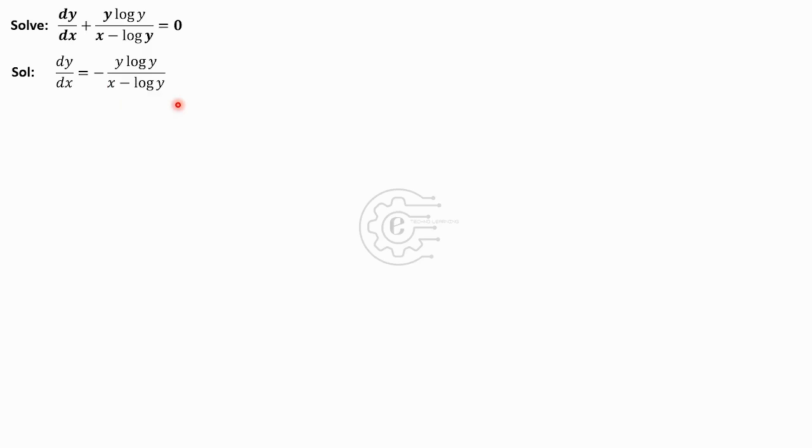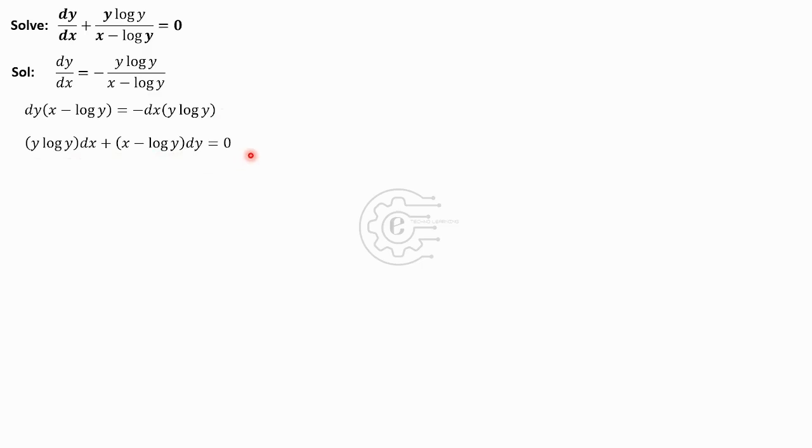Then after cross multiplying we write dy into x minus log y equal to minus dx into y log y. Now we will take this term to the left side. So finally we get y log y into dx plus x minus log y into dy equal to 0.